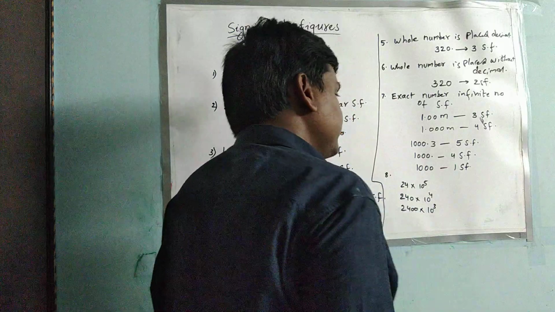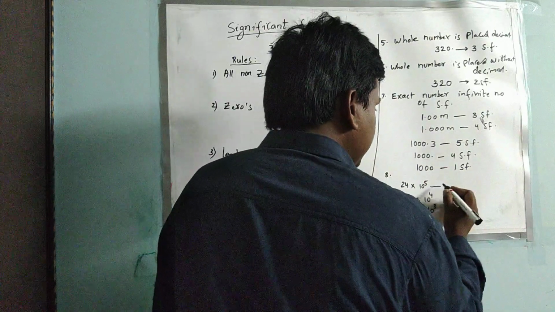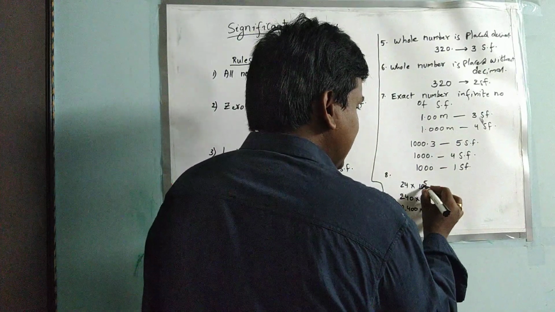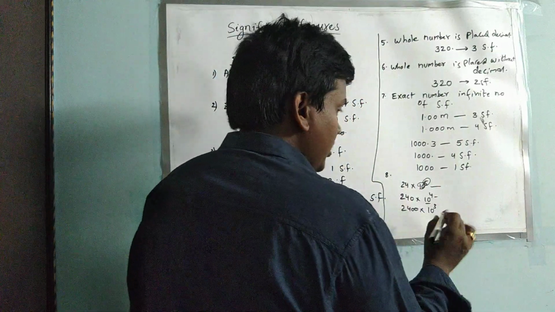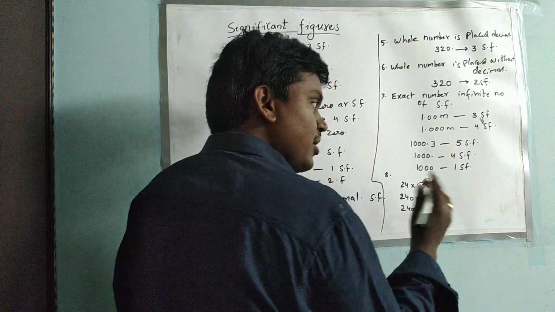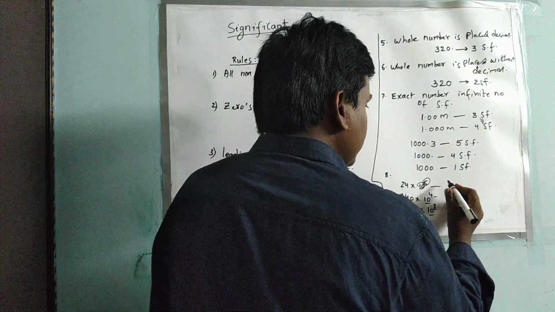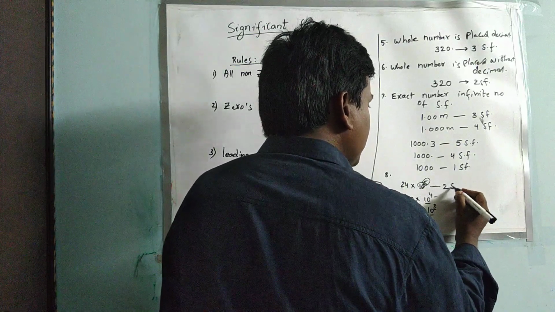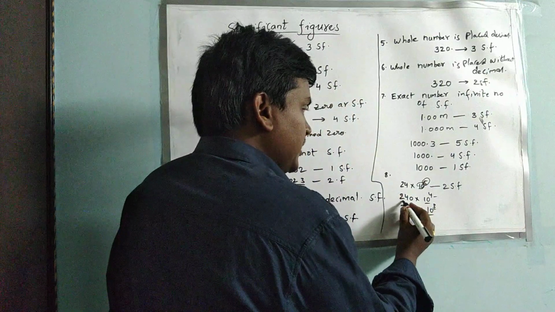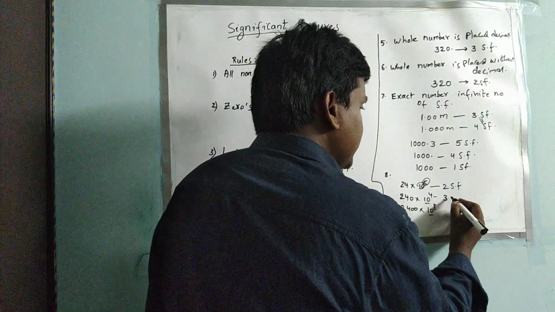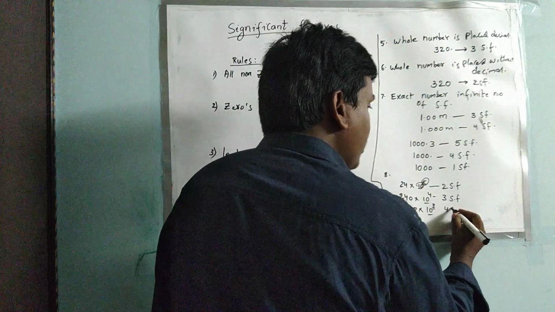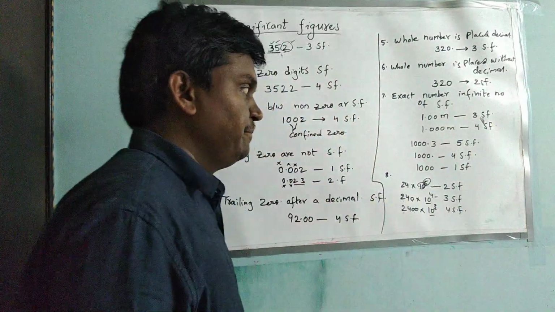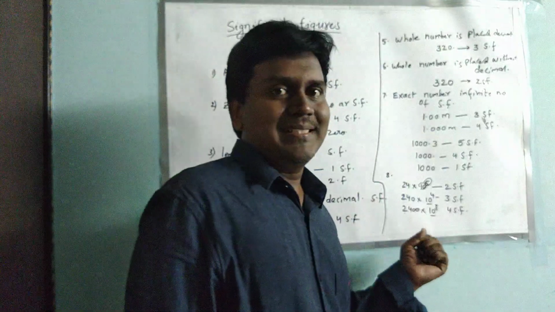If you consider the significant figures, the 10 and its power are not significant, only the 2 4 are significant. That means 2 significant figures here, 2 4 0 gives 3 significant figures, and 2 4 0 0 gives 4 significant figures. So this is about scientific notation.